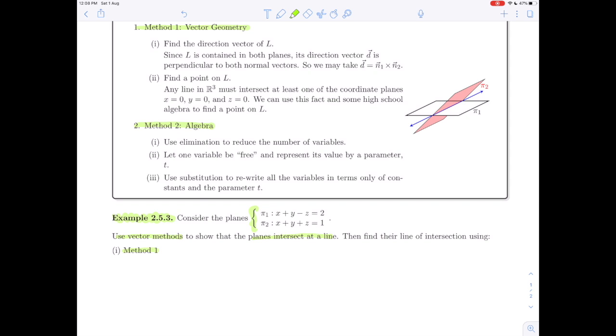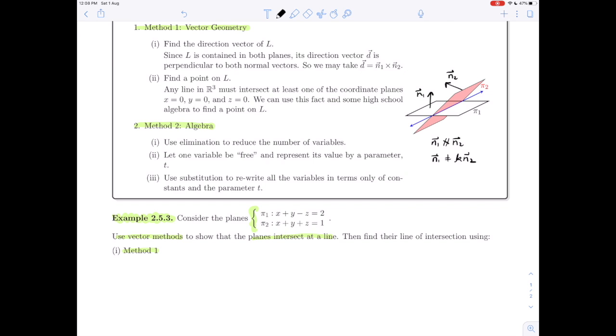So the first thing that we need to do is remember from our relative positions unit that two planes are intersecting at a line as long as their normal vectors are not parallel, which means that their normal vectors are not multiples of each other.